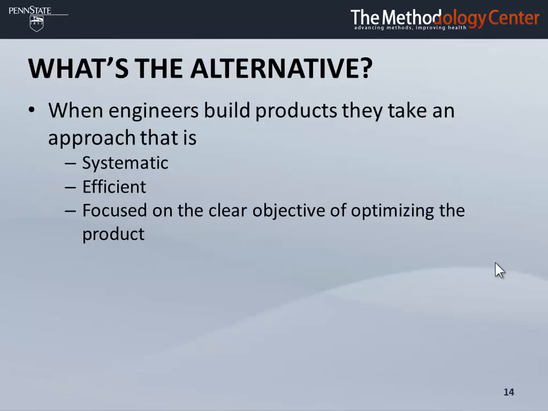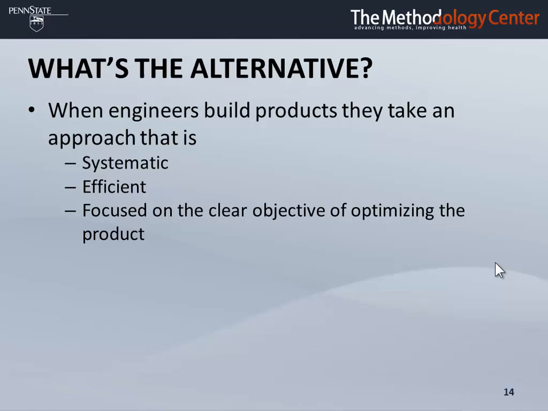So what's the alternative? Well, think about consumer products over the last 20 or 25 years versus behavioral interventions over the last 20 or 25 years. Consumer products have made a lot of progress over the last 20 or 25 years. Even vacuum cleaners today are not what vacuum cleaners were 20 or 25 years ago, just to take a sort of trivial example. And the reason for that is that there's a different mindset about development of those products. So when engineers build products, they take a quite different approach to the approach that we take as intervention scientists.